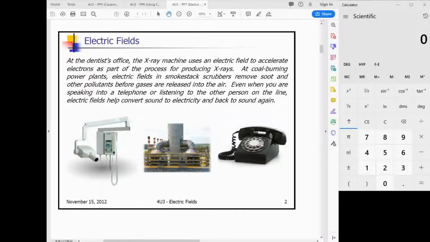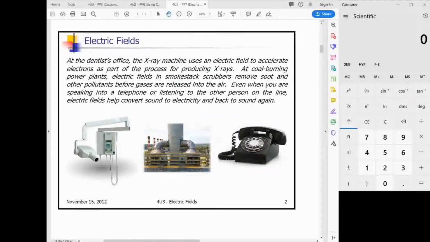To remove those charged particles we use electrostatic precipitators. It's an electric field generated inside of the smokestack that filters out the electrically charged particles that are bad for the environment.